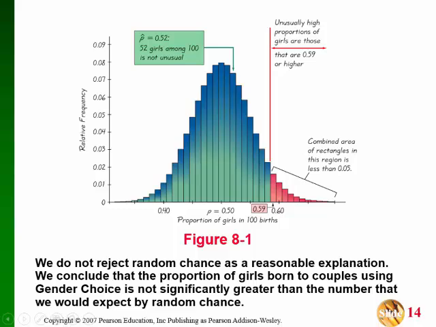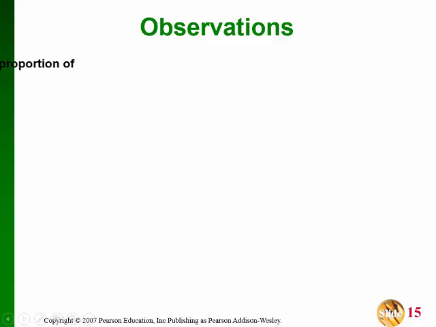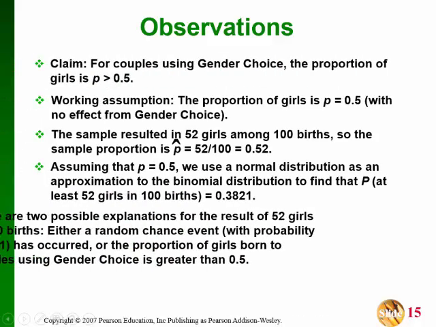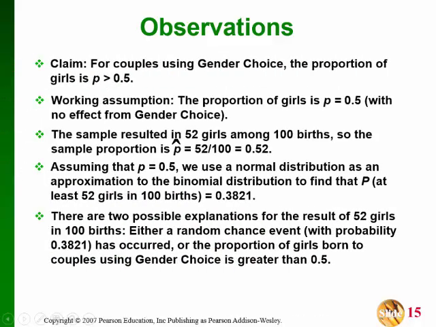They did some analysis using the binomial distribution, and they approximated it with the normal distribution. These observations, if you look at it later, are based on our discussion earlier about the difference between having 52 girls versus 97 girls.